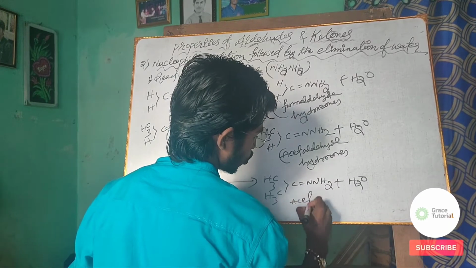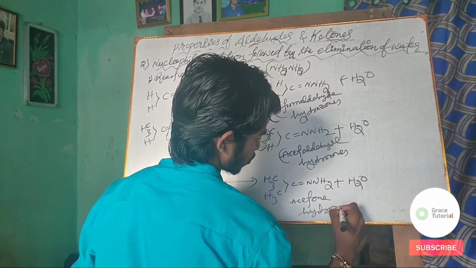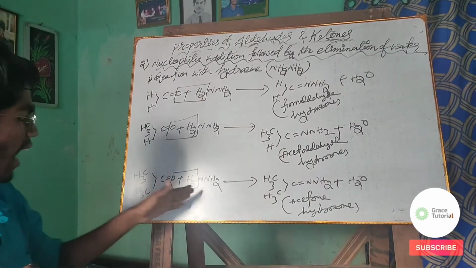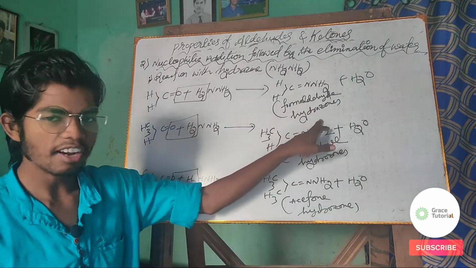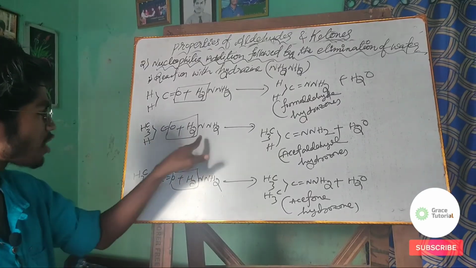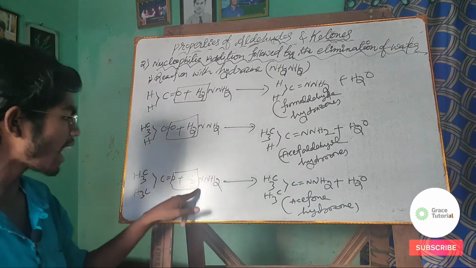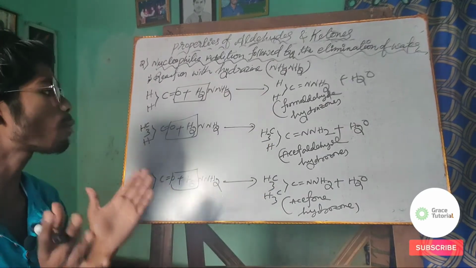This is acetone hydrazone. So the question is, when hydrazine reacts with formaldehyde, what is obtained? It gives formaldehyde hydrazone. When acetaldehyde reacts with hydrazine, it gives acetaldehyde hydrazone. When acetone reacts with hydrazine, it gives acetone hydrazone. So all these hydrazone products are obtained.